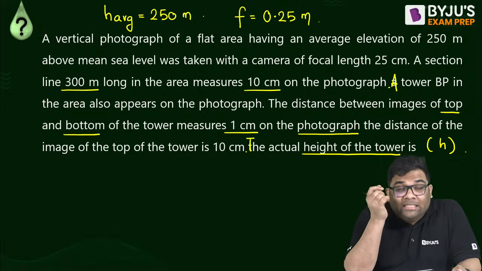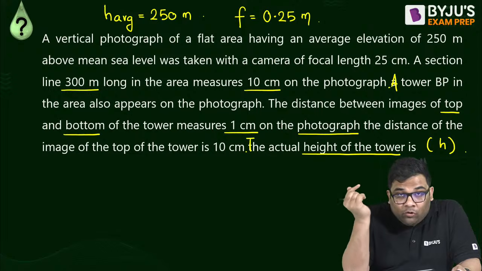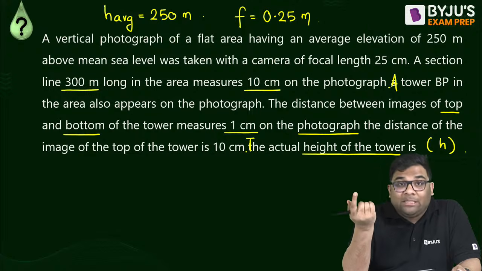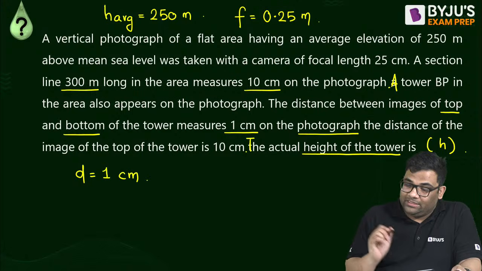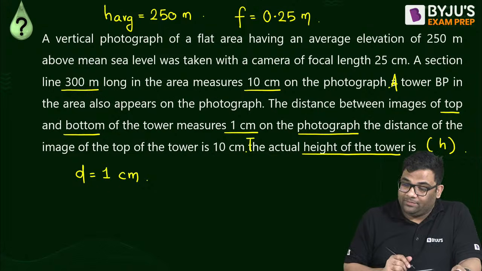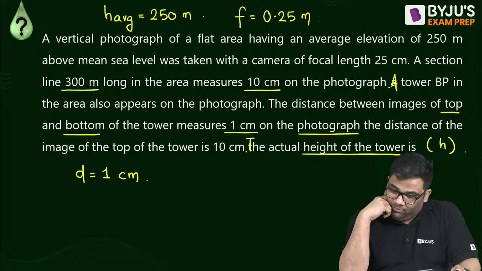So the distance between the top and bottom of the tower in the photograph is known as what? The relief displacement, right? So the relief displacement is given to us as 1 centimeter. Now something is missing in the question, I feel.